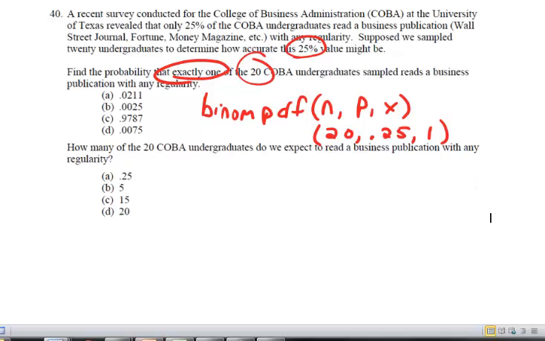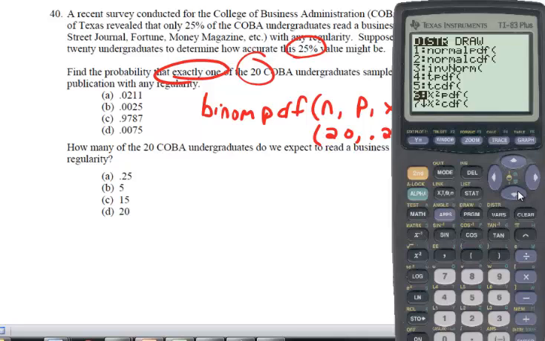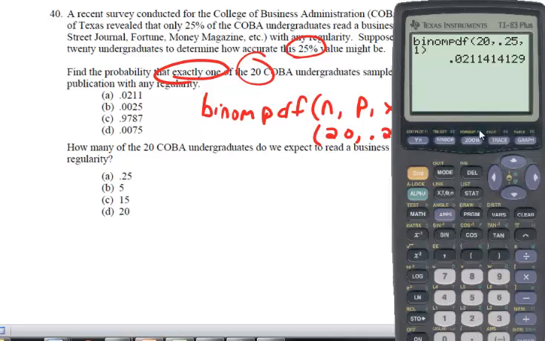So distribution, binomial, PDF. Remember, the CDF is when we're trying to find the sum, like fewer than 4 or more than 8. So we're going to put in 20, comma, 0.25, comma, 1. Get 0.0211. There we go.